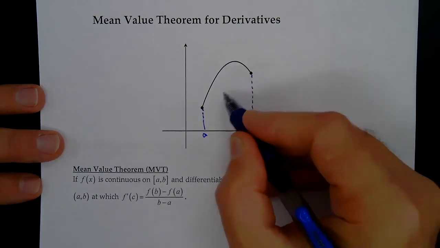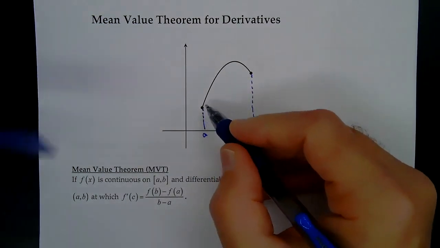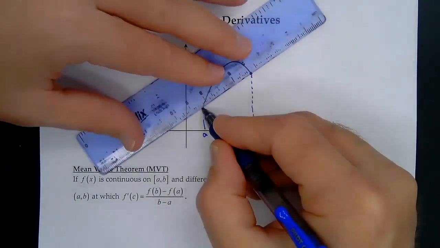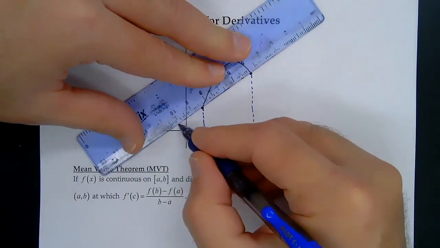So if I connect these 2 points right here, I'm going to connect them with a ruler so it's nice and straight.